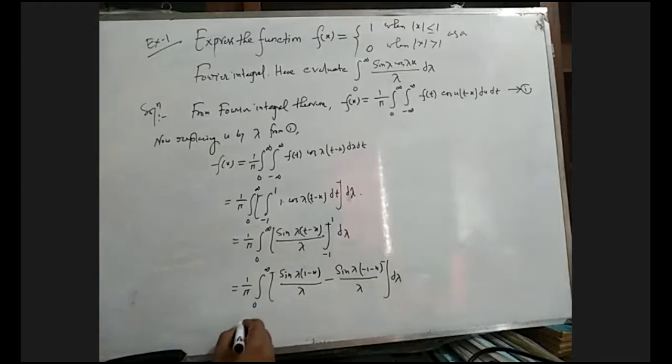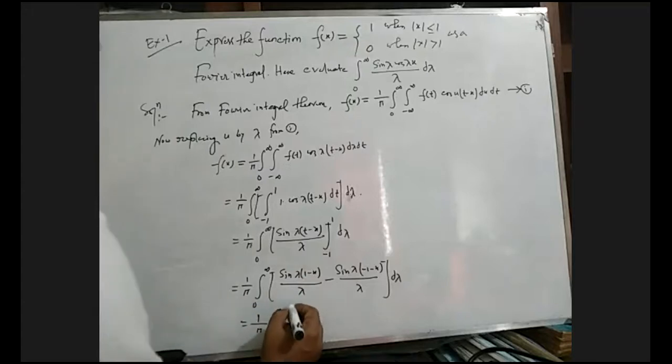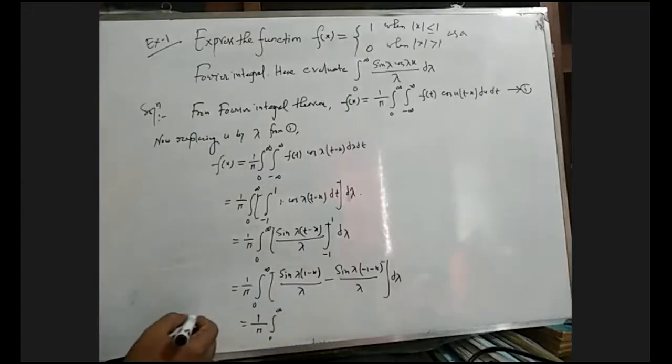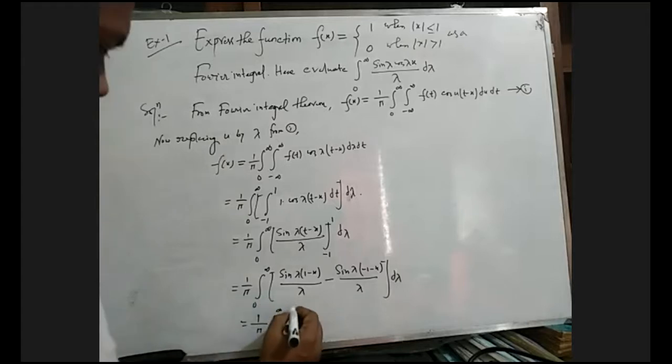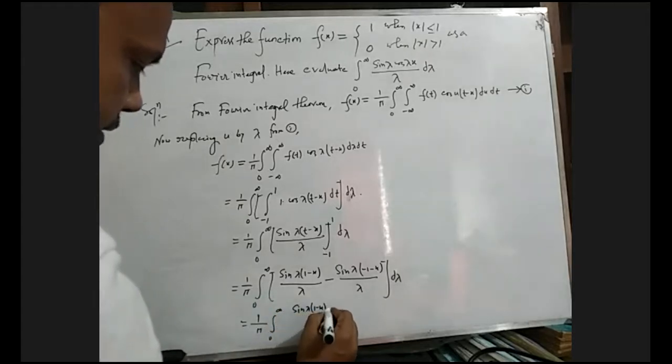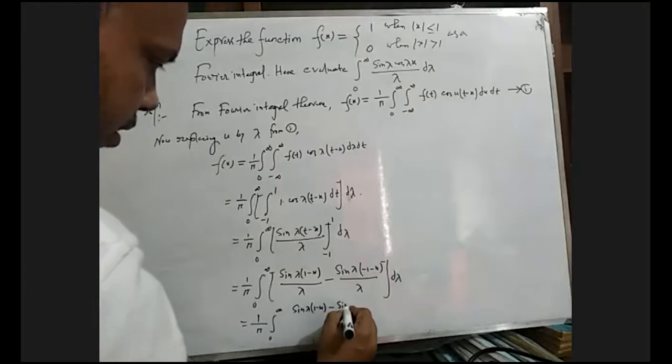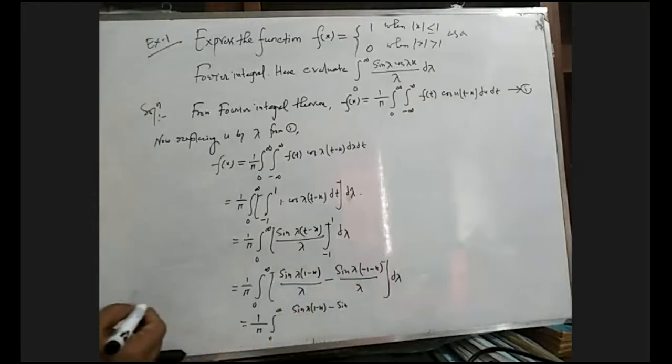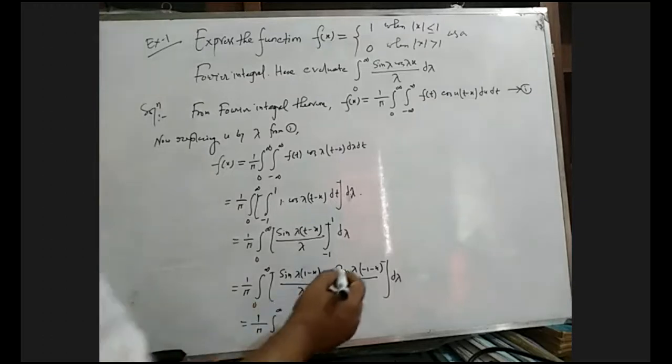Now 1 by pi, 0 to infinity, sine lambda (1 minus x) minus sine of minus theta.